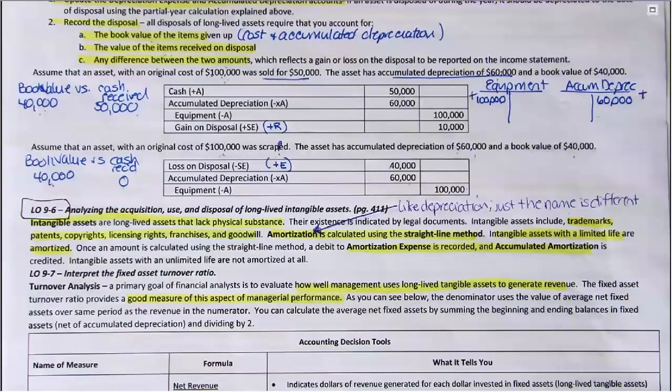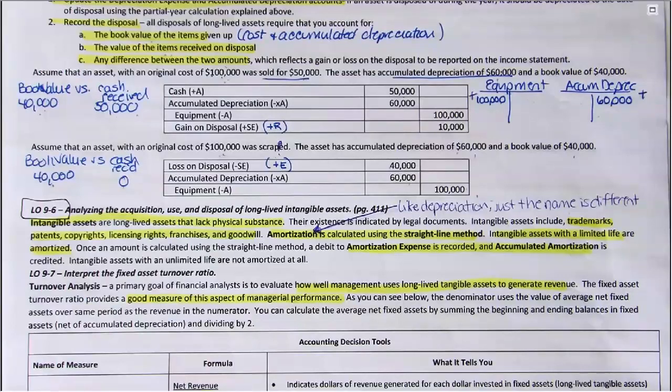So that would amortize. On the other hand, trademarks never wear out. You just keep renewing them. So we wouldn't amortize that. If you paid a marketing company to develop a trademark for you, you put an amount in that trademark account, you debited it for the cost of trademark development, you wouldn't amortize that because they never wear out. It's like the Nike swoosh, right?